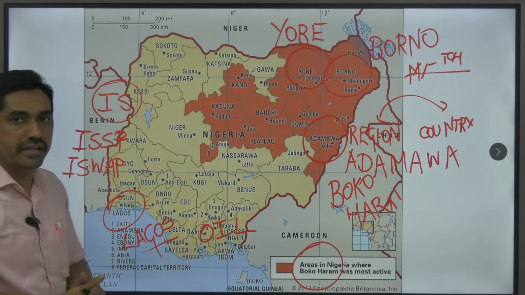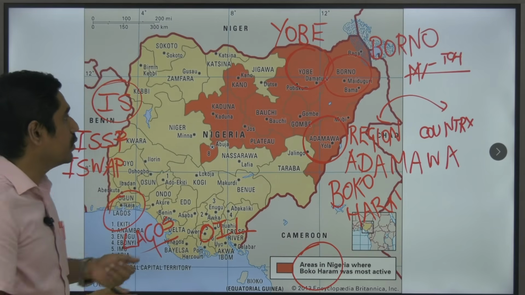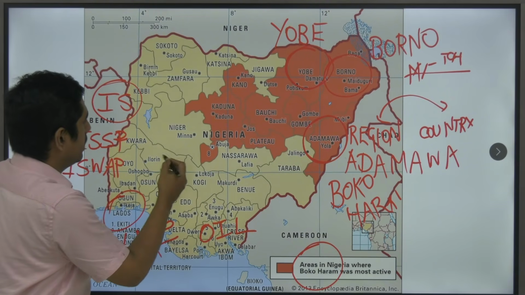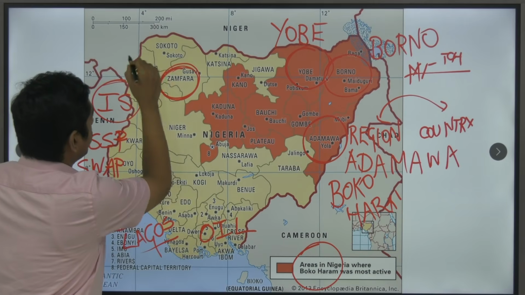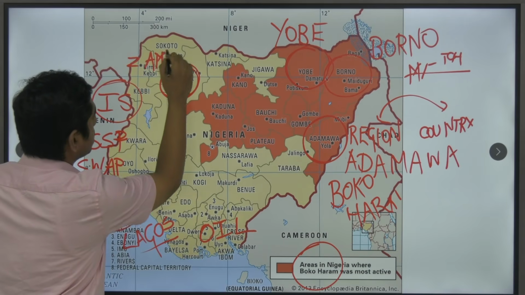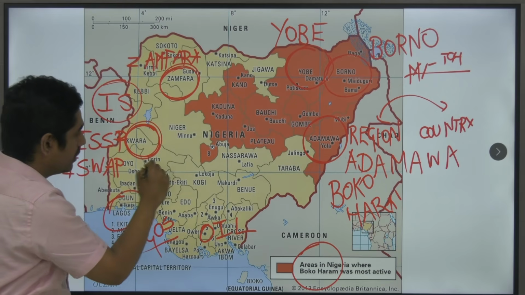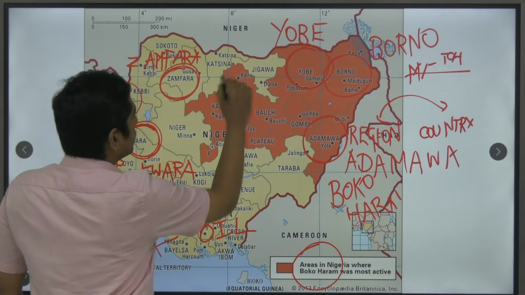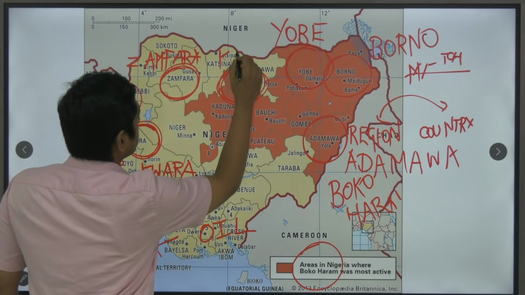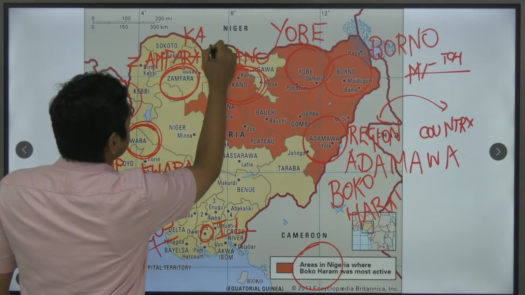Both of them express their allegiance to the Islamic State terrorist organization, and you have them actively involved in many problems in states like Zamfara, which is right here, in Kwara, which is recently in the news, in Kano, which is right here, and then in Katsina, which is right there.